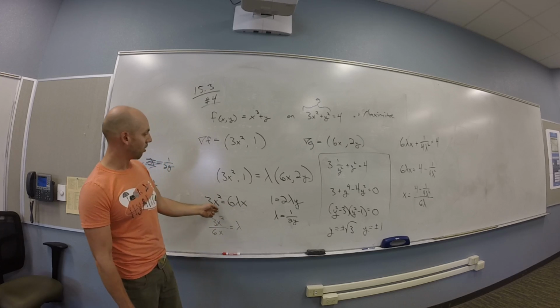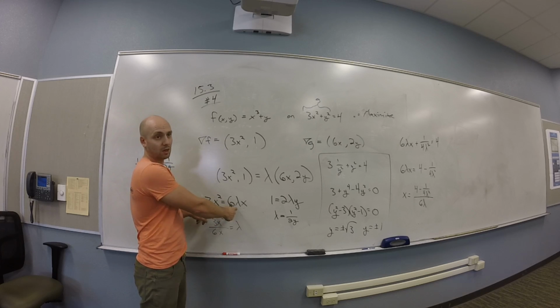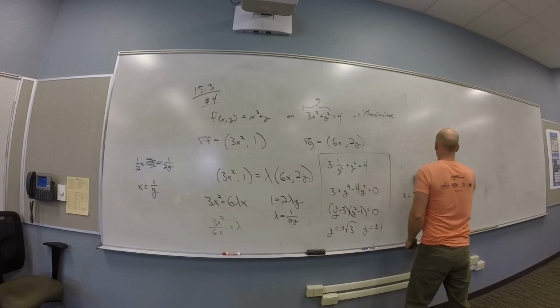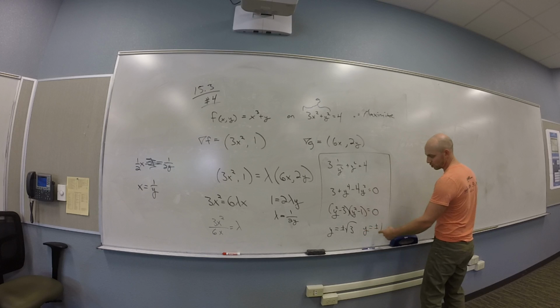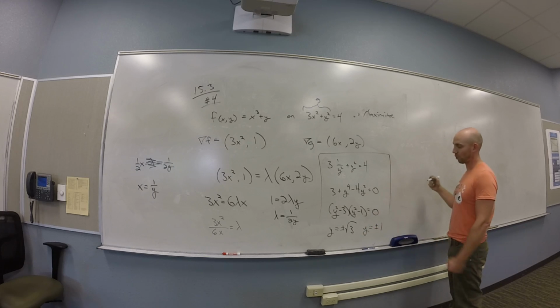If x is 0, well, that works. You guys see that? So maybe I need to also concern myself with x is 0. In the end here, you're going to get a whole bunch of little points, right? I've found plus or minus root 3 and plus or minus 1 for y.